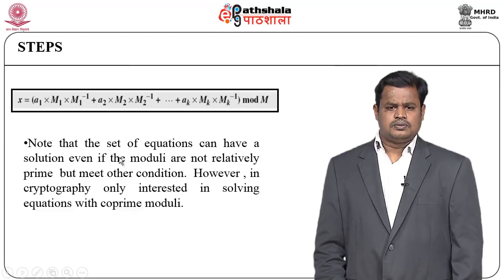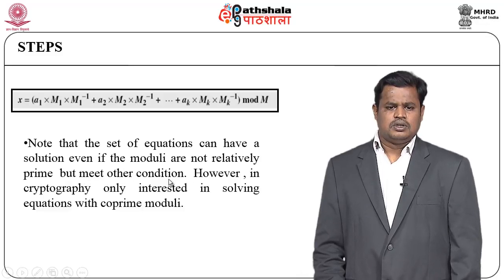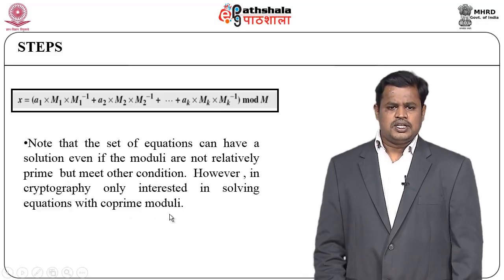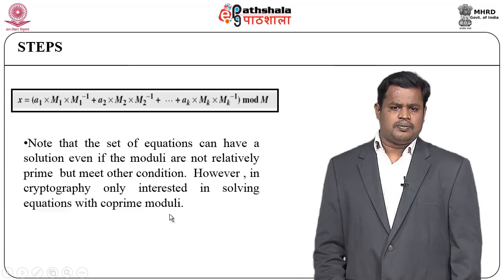So, the set of equations can have a solution even if the moduli are not relatively prime, but meet other conditions. But in the case of cryptography, the only interest is solving with co-prime moduli. So, in CRT we say that we only want to work with co-prime or relatively prime moduli.